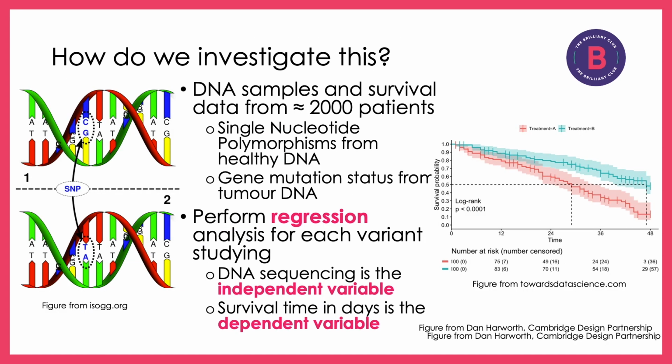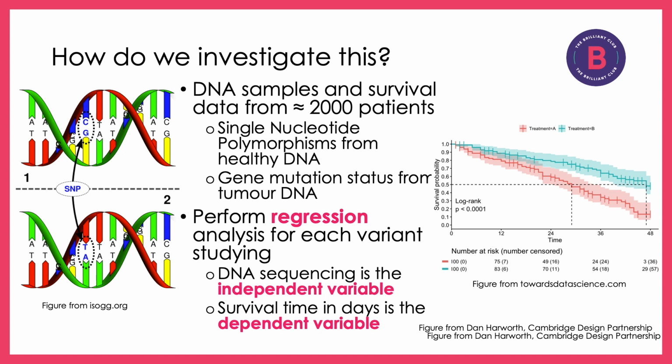So, how do we go about seeing if we can see the same relationship between pattern recognition proteins and how long patients survive on treatment in cancer patients based in the UK? Well, as part of my PhD, I have access to the healthy DNA, sometimes known as germline DNA, and tumour DNA sequences from about 2,000 late-stage colorectal cancer patients. These patients were part of 2 Medical Research Council-funded clinical trials, one called COIN and the other COIN-B.